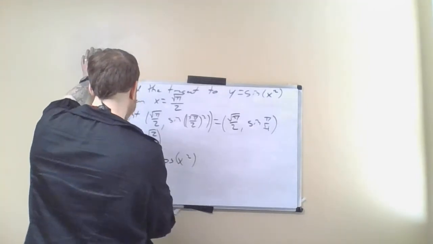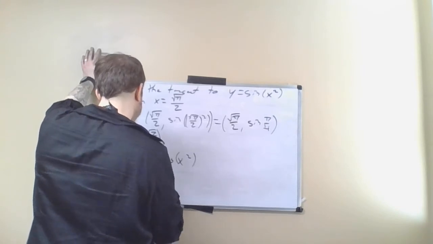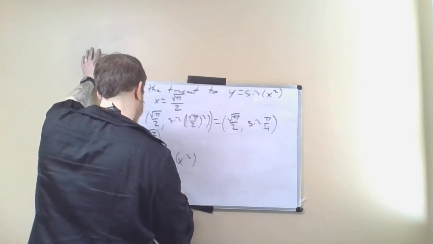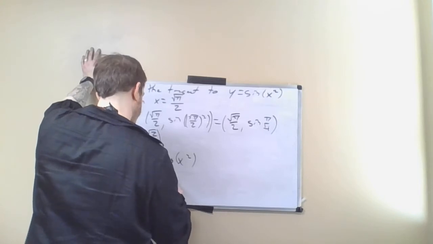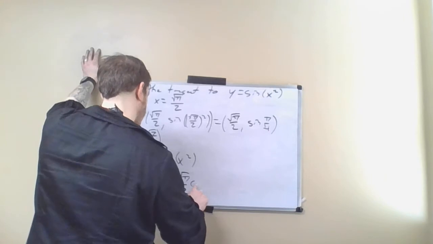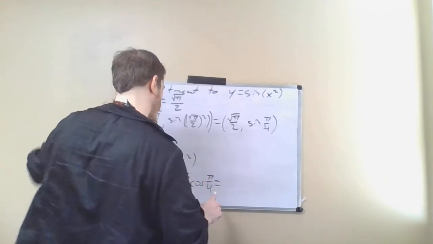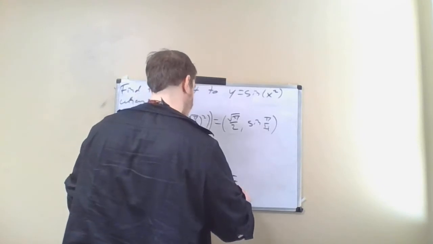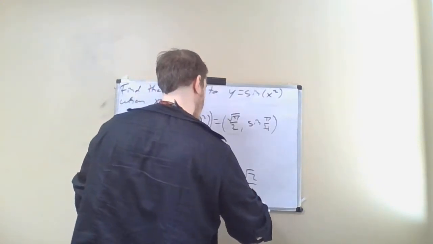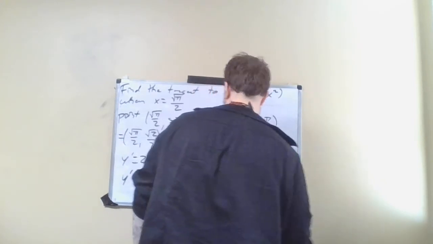So y prime evaluated at square root pi over 2 is going to be 2 times the square root of pi over 2 times cosine pi over 4, which is going to be square root of pi times the square root of 2 over 2, or square root of 2 pi divided by 2.